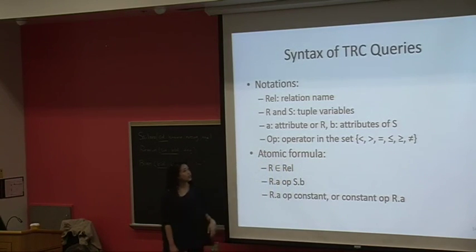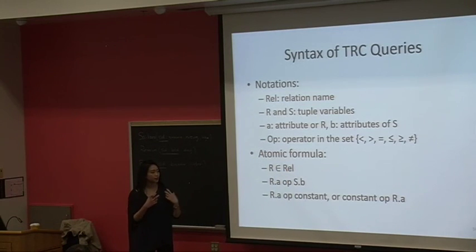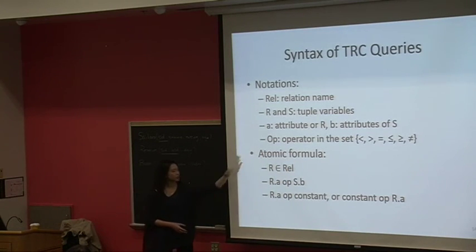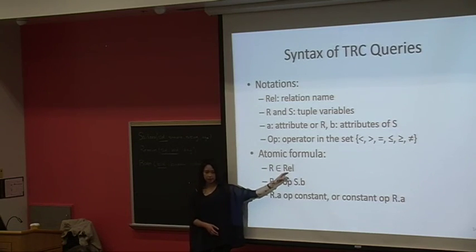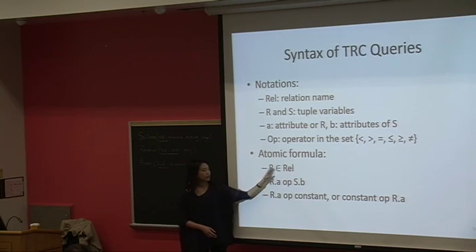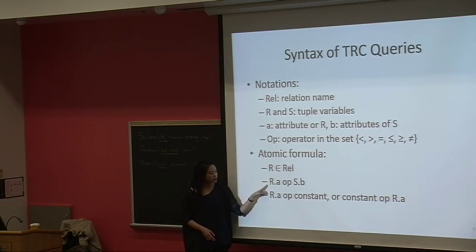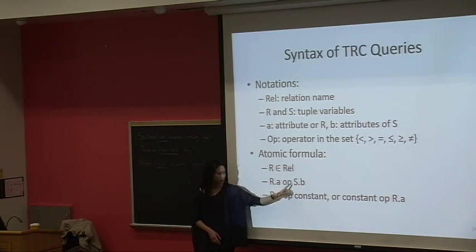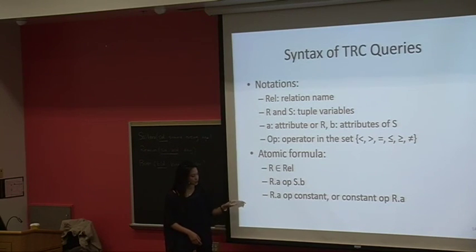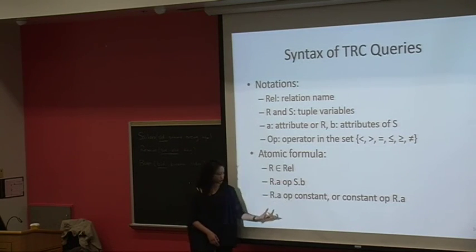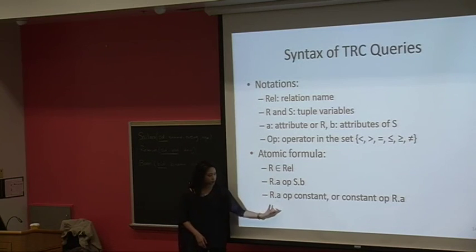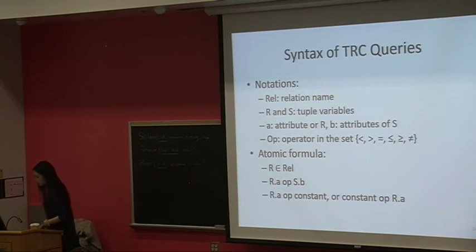Okay? So for the TRC, we have the most basic building blocks for it. We call it the atomic formula. So as you saw earlier, we have S in Sailors, right? So here we're just saying R in REL. And also we can say the attribute in R having an operator with attribute in S. And instead of comparing between two attributes, we can also compare between an attribute and a constant. So those are the most basic building blocks for TRC.